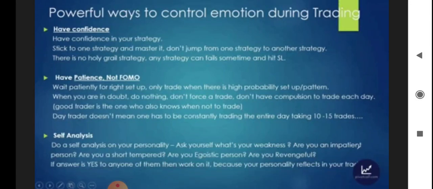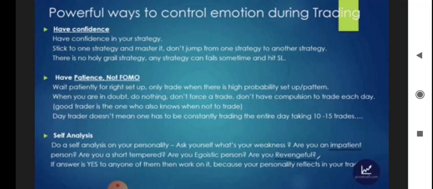Suppose by nature you are an impatient person, that means in trading you will have that FOMO problem. Since you lack patience, in trading also you do the same thing. You will not wait for the right setup, you immediately jump into trades without even having the right setup, because you are an impatient person.